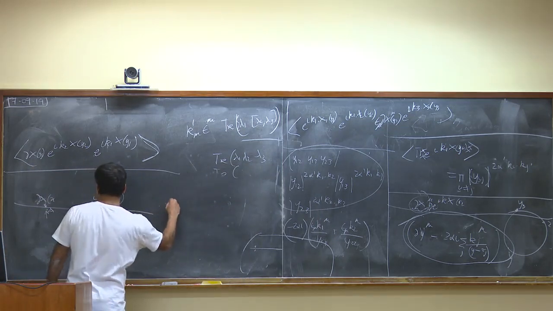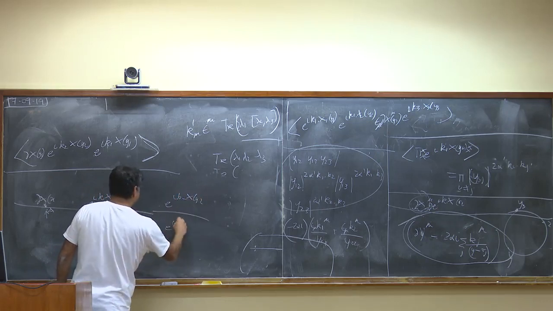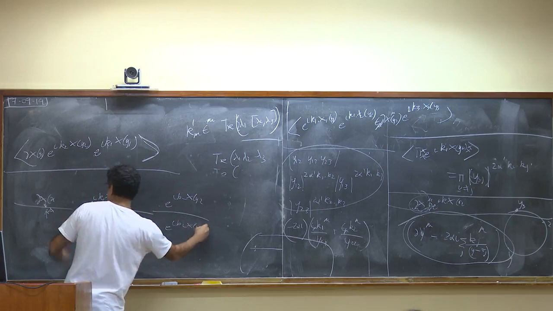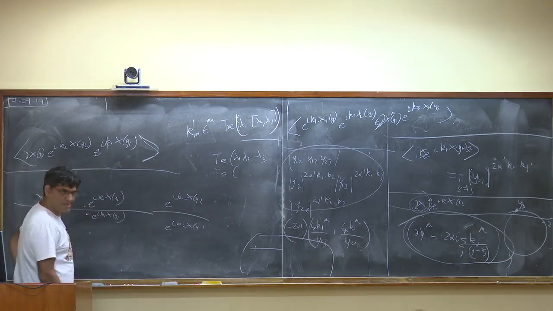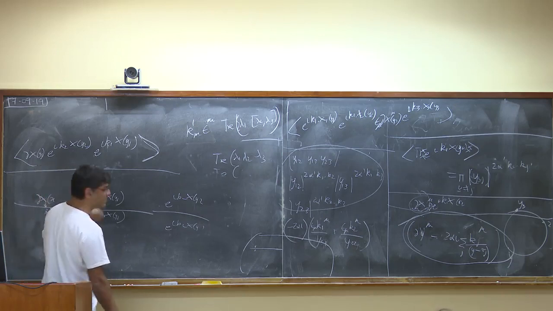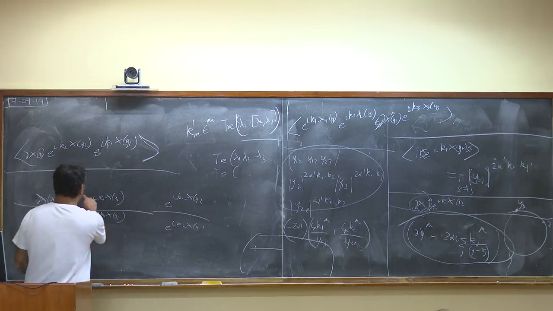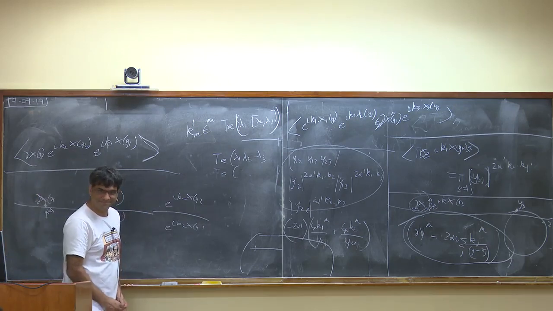And this is an e to the pi k2 x of y2, and this is e to the pi k2 x of y2. This one's a little bit above, this one's a little bit below, and we take the limit. Since we're never going to contract this with this because of normal ordering, we can just put a factor of 2 here. Similarly, we can put a factor of 2 here.